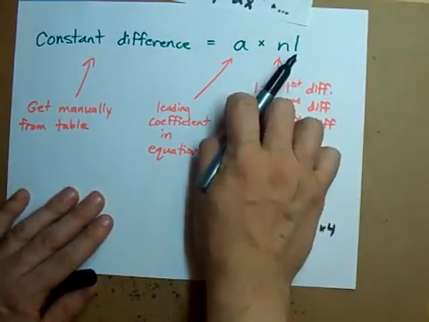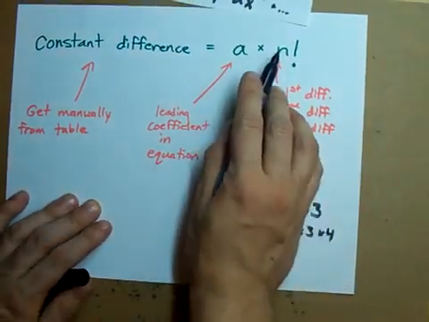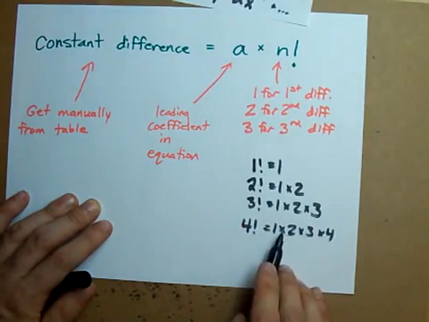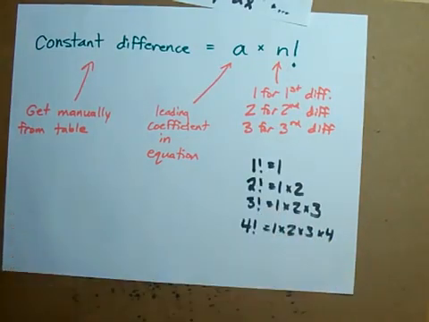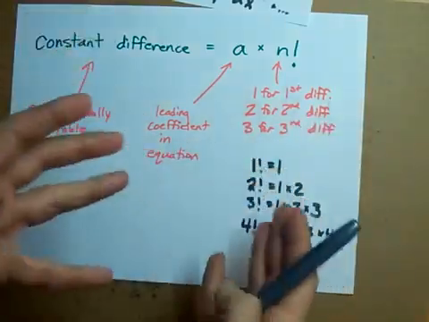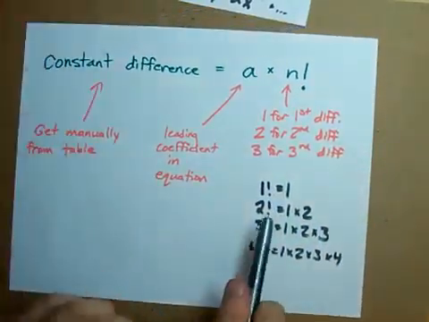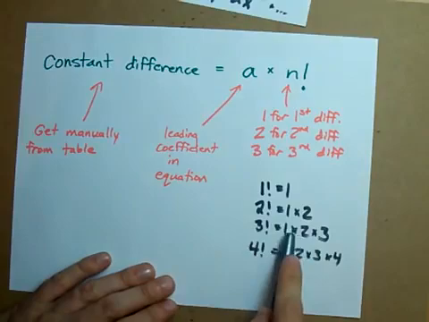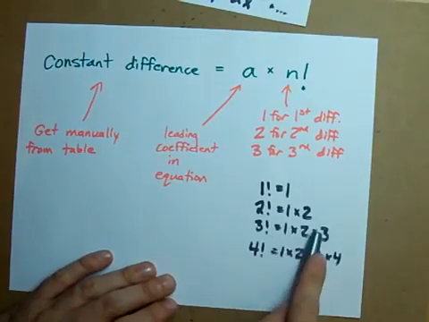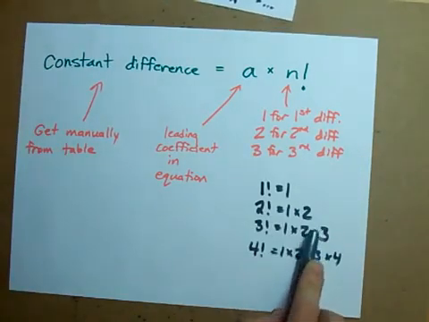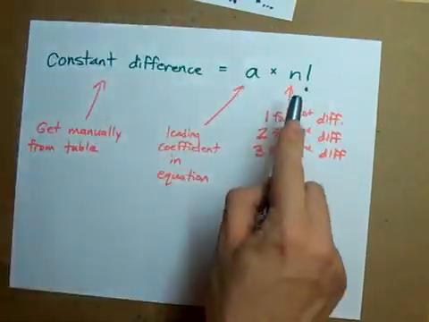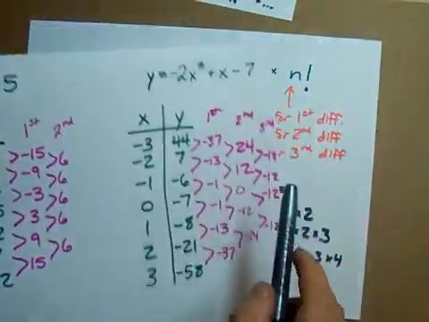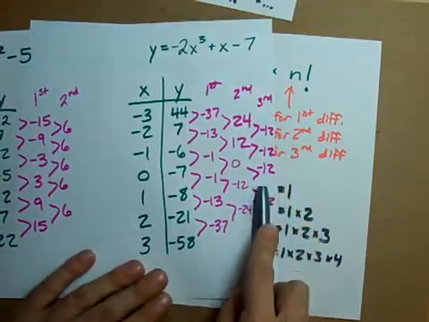This factorial means take that number and multiply it by every single number lower than it down to 1. It's just a mathematical trick that happens to work. You'll notice that 3 factorial is 1 times 2 times 3, that's 6. And my leading coefficient, negative 2, times 6 gave me my third differences.